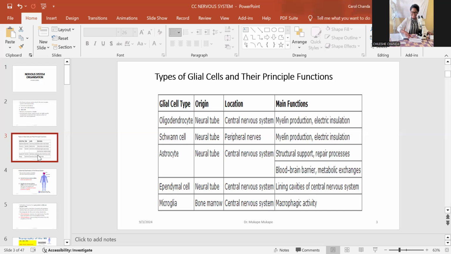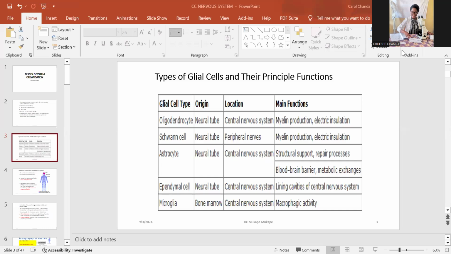For example, the macrophages of the liver are called the Kupffer cells. Therefore, even in the central nervous system, the macrophages will have a different name, and that name is microglia.